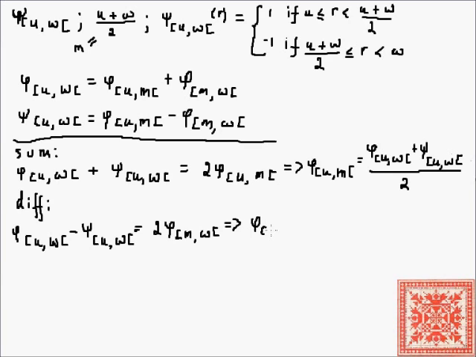Then phi from m to w, the smaller right subinterval, can be expressed in terms of the larger interval from u included to w excluded as (phi from u to w minus psi from u to w) divided by 2.